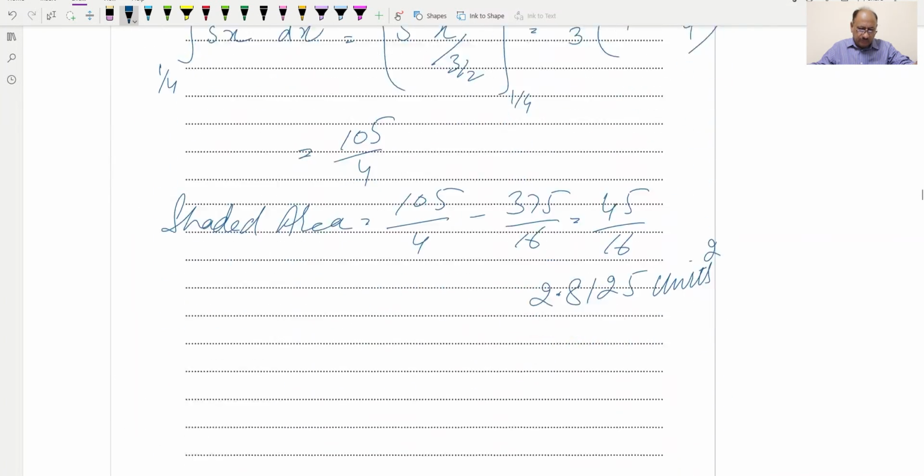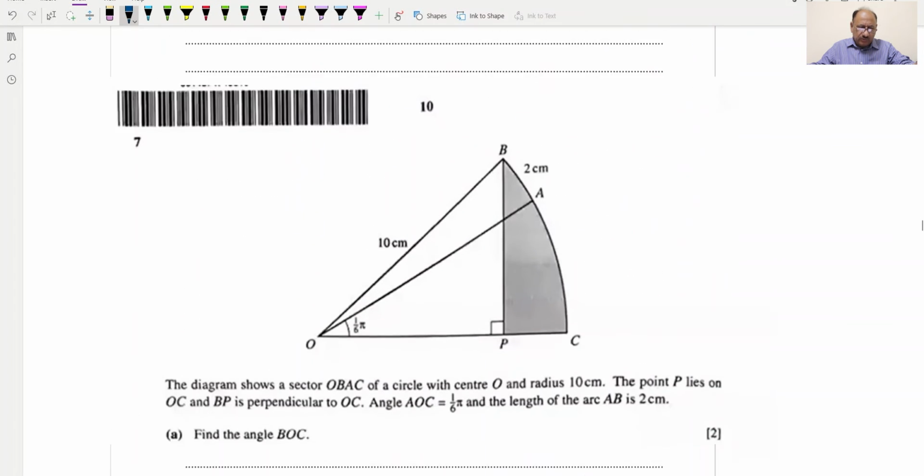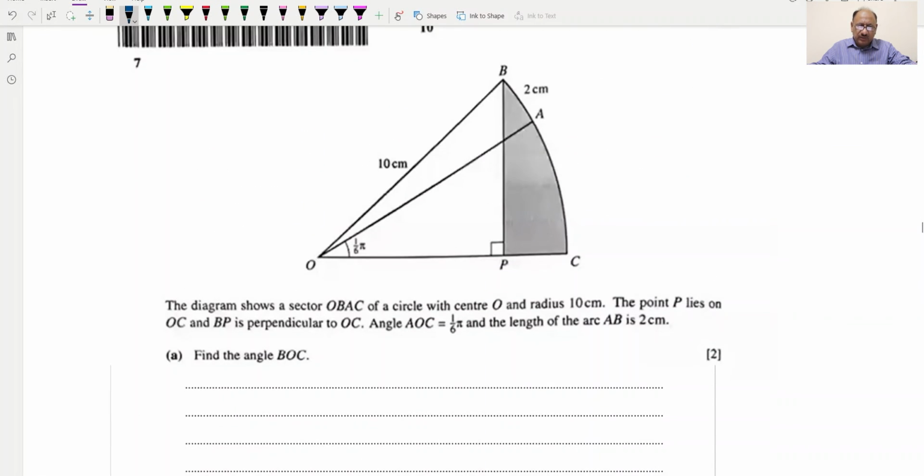Hopefully you understood this. Now we can move to the next question, and this is question number 7. The diagram is provided, and the diagram shows the sector OBAC of a circle with center O and radius 10 centimeters.